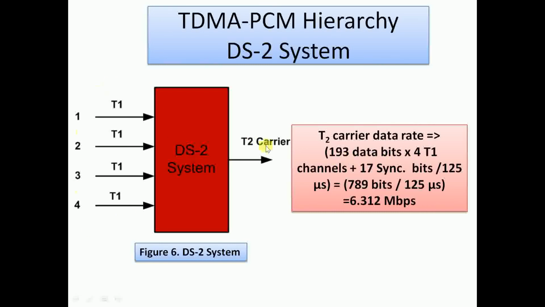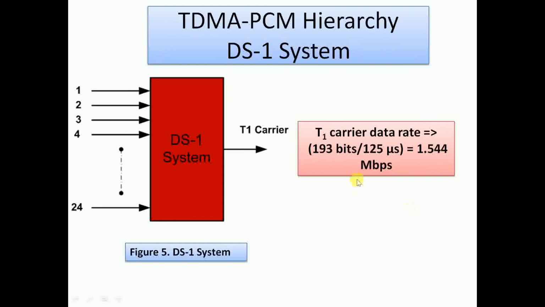We have 4 such channels, so that is multiplied by 4, plus certain extra synchronization bits that are added, which count to 17. So all this comes out to be 789 bits, which is 193 into 4 plus 17. These 789 bits are again to be transmitted in 125 microseconds. So that gives you a multiplexed data rate of the T2 carrier of 6.312 megabits per second.